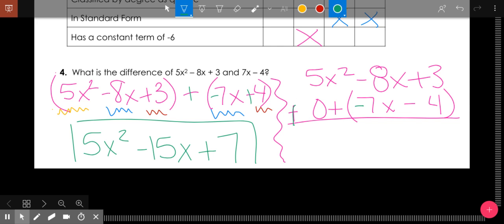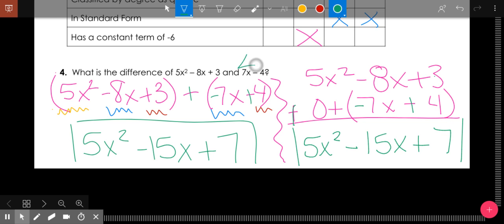This 7 becomes negative, and this 4 becomes positive. And then I add them. So 5x squared plus 0 is 5x squared. I have a negative 8x and a negative 7x, same sign, so I add them, and I keep the negative 15x. Positive 3 and a positive 4, I add them and keep my positive sign, 7. So you can do this either way, but that is both ways on how to do that one.